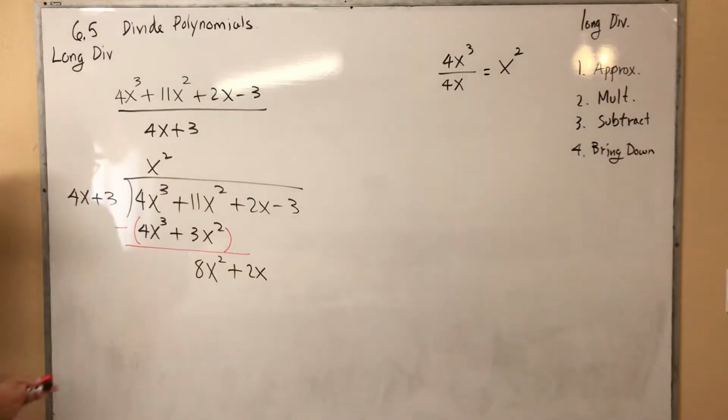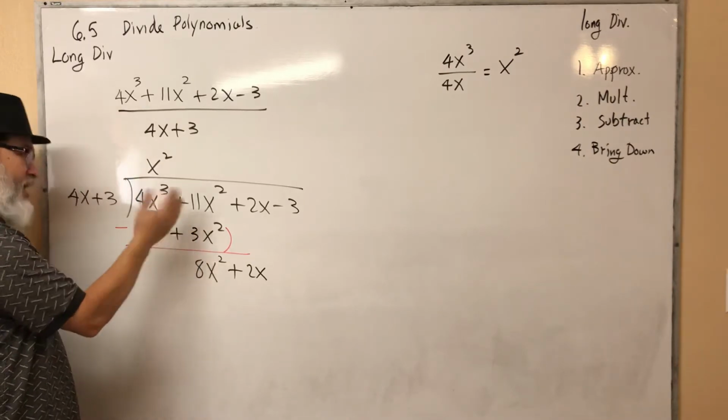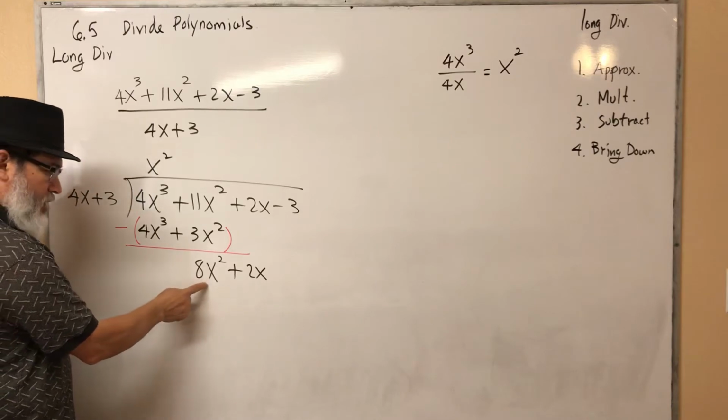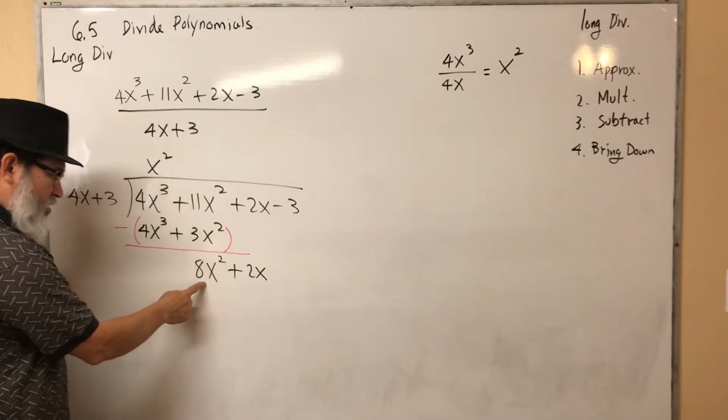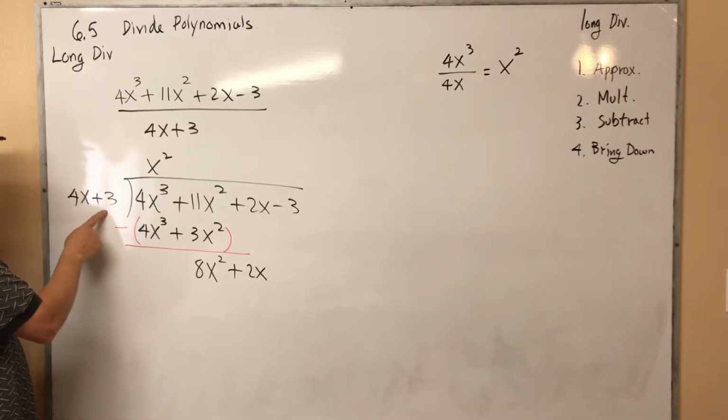Approximate again. Remember, this represents the second term, so you go term by term. Trying this term, 8x squared divided by 4x plus 3.